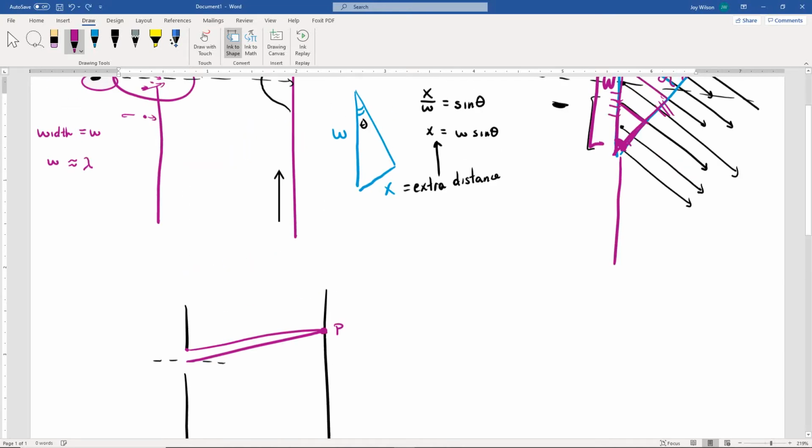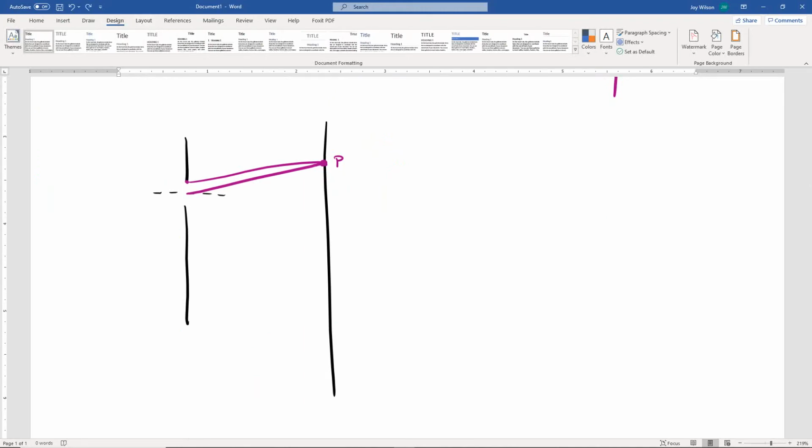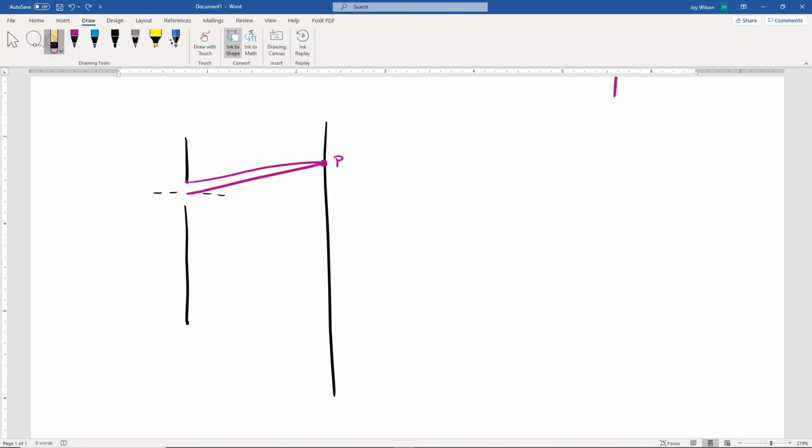Not quite straight. I hate it when it does that. Okay, let's go back up here to draw. This is the triangle that I always have so much trouble drawing straight. I just really struggle to get that one because it's so narrow. There we go. And there's that triangle we were talking about.